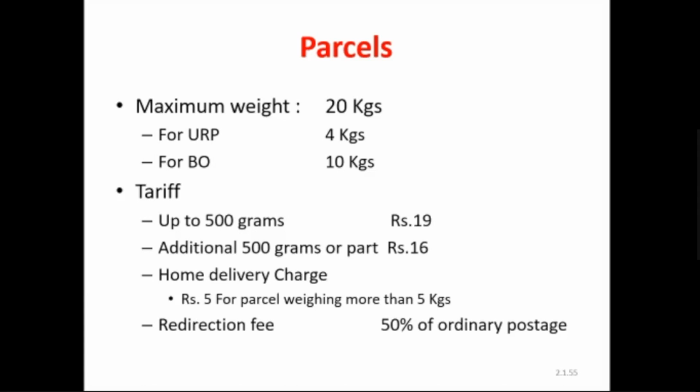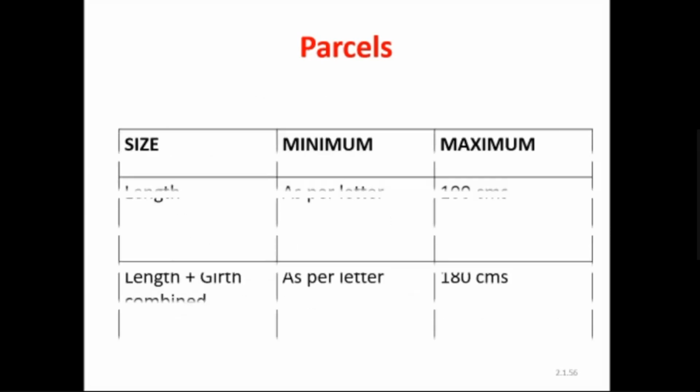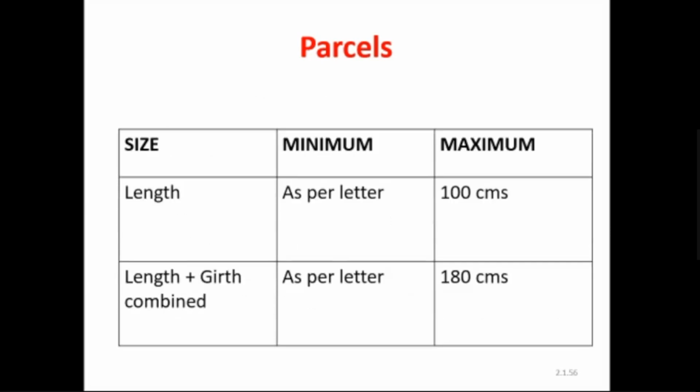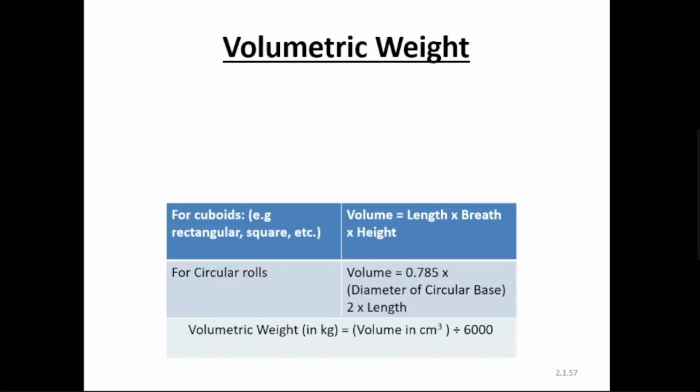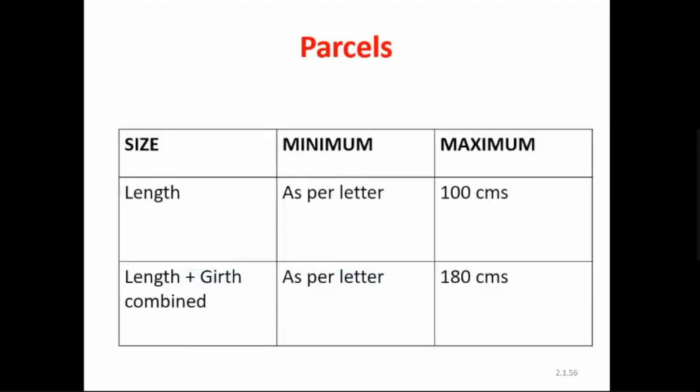Otherwise, if it is redirected or returned to some other delivery office or not at the same post town, then 50% of postage will definitely be collected. And for this parcel, the maximum prescribed size is given, and for roll form and other than roll form, the dimensions of the parcel have been prescribed. So this is what about parcels.